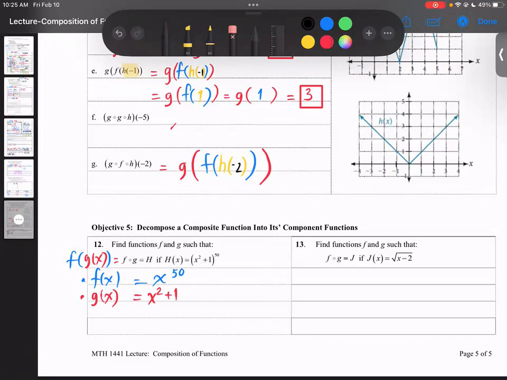Now, some students can do this, and it's correct. So they let f of x be x plus 1 to the 50. Who would have thought of that? What do you think I'm going to let g equal? When I plug in, I should have x squared plus 1 to the 50. X squared.